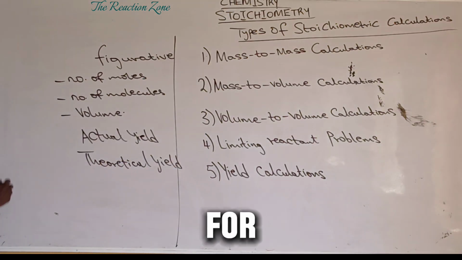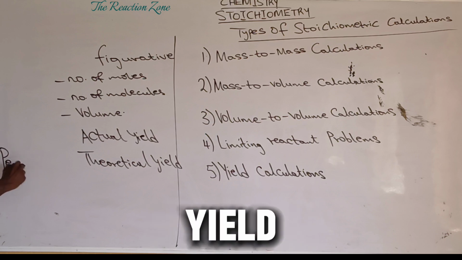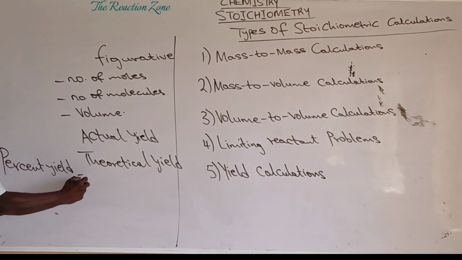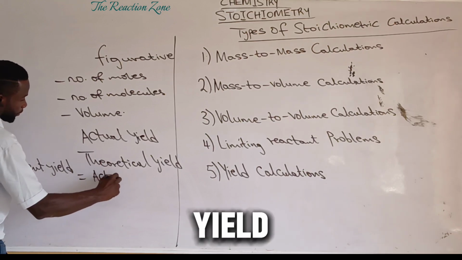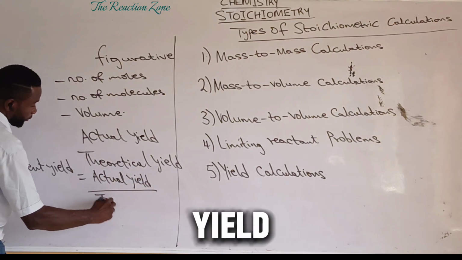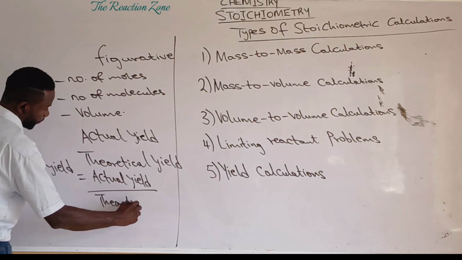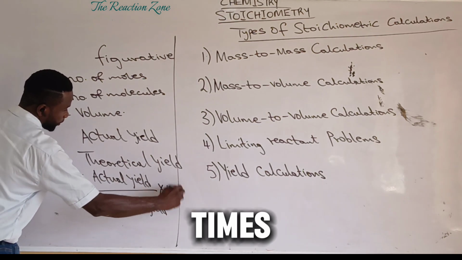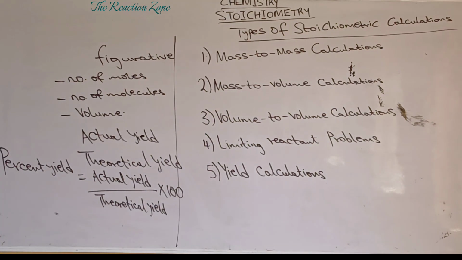And the formula for that is as follows. Percent yield is equal to actual yield over theoretical yield times 100%.